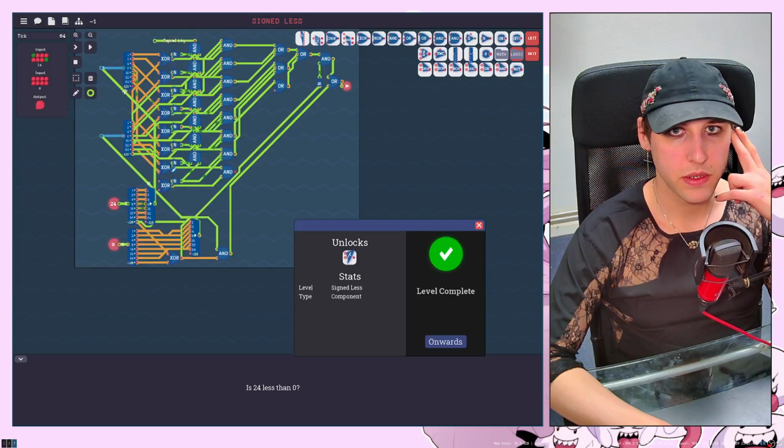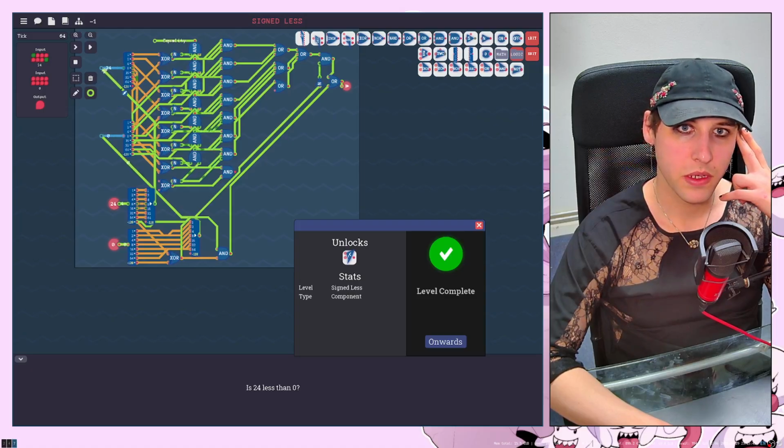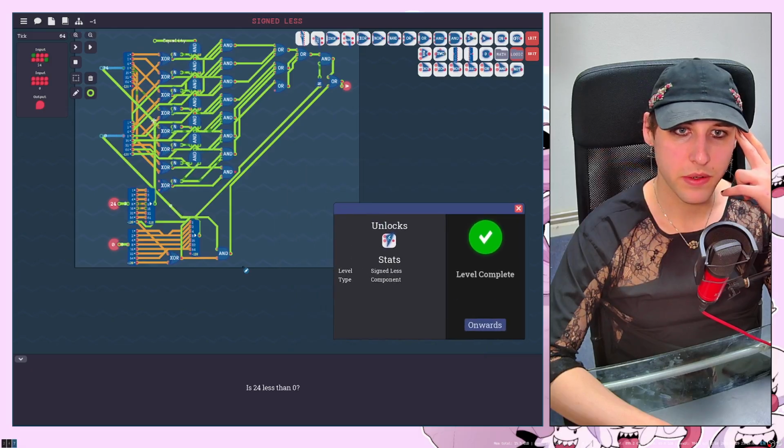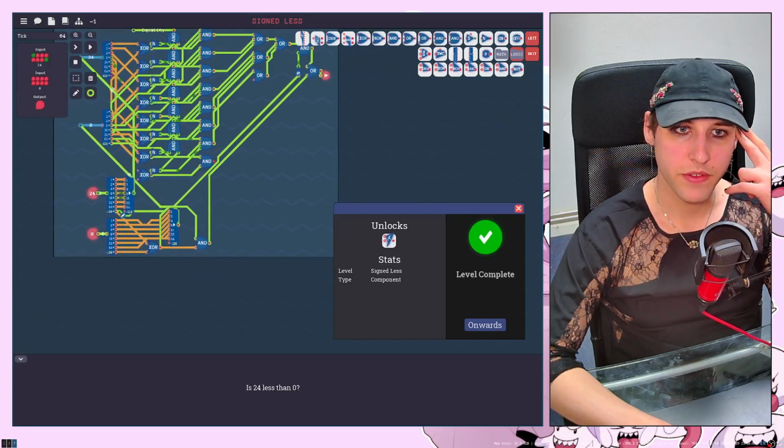Because apparently in case of negative numbers, it's still the most significant bit that decides whether a number is higher or lower. Okay, so if there's a difference in the most significant bit, which is the sign bit, right?